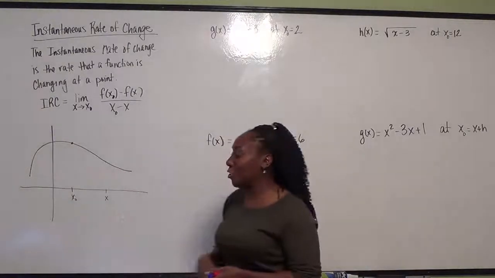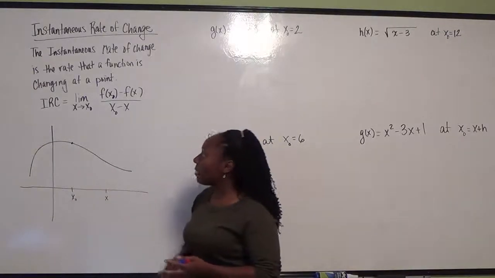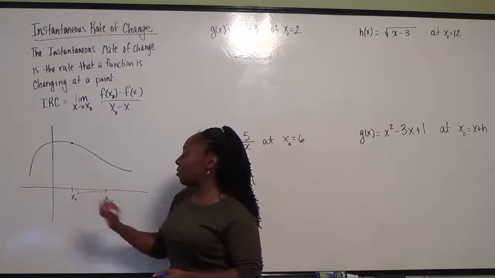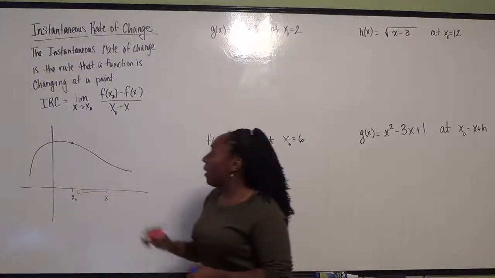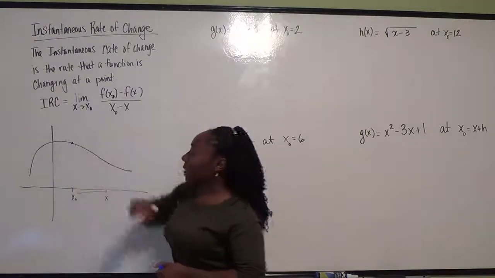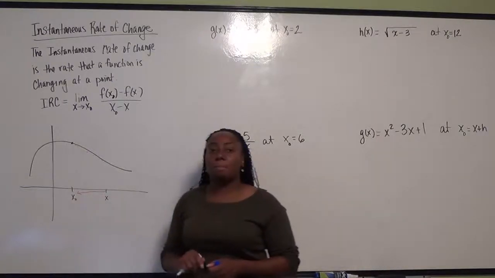If we look at our graphical representation, it says that if I've got two points, x naught and x, and I move my x in this direction, then I'm looking at all of the secant lines between my point and x naught.